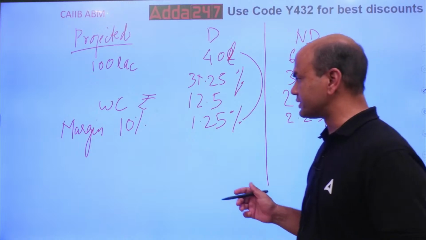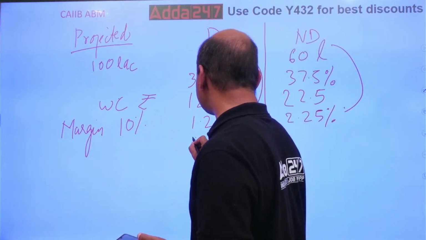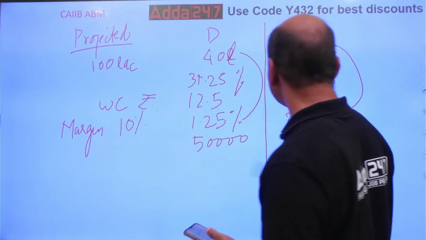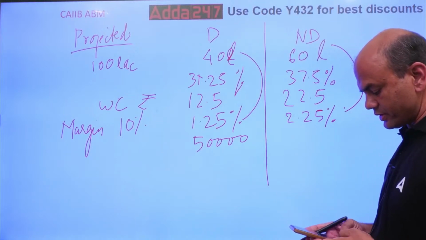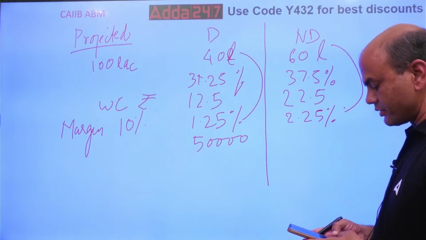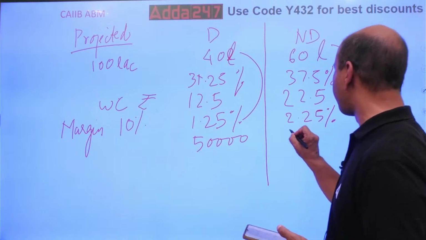So it is 50,000, correct. So it is 50,000 margin. Here 2.25%, 2.25 upon 100 into 60 lakhs, 1, 2, 1, 2, 3. So 1,35,000.